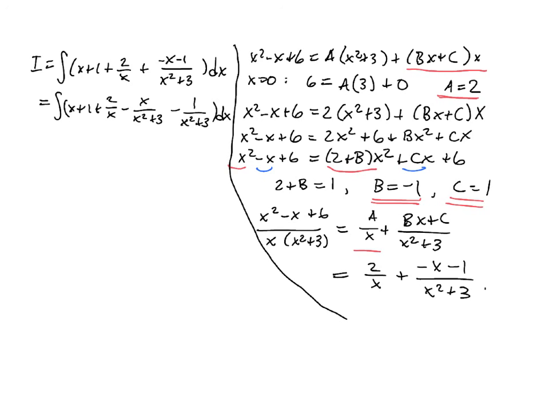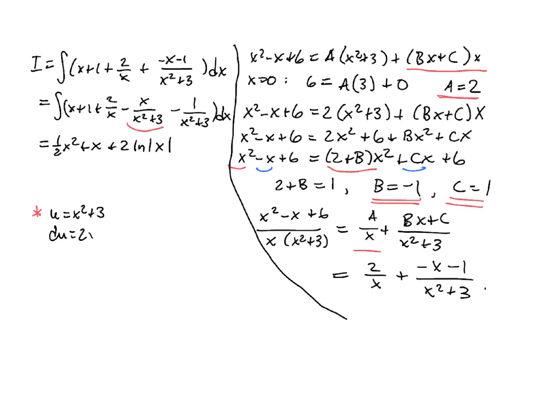And now I have 5 bits that I can integrate rather easily. The fourth bit, I'm going to use a u substitution of u equals x squared plus 3. So that's here. And du equals 2x dx.